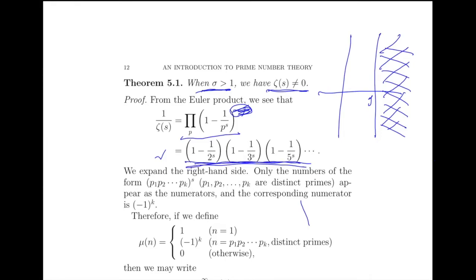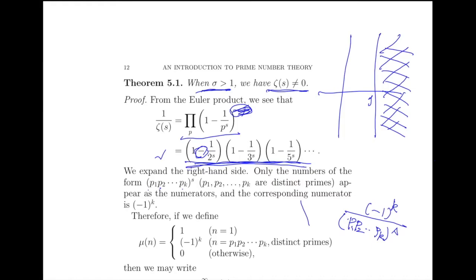In the denominators, only numbers of the form p1, p2, ..., pk to the s appear, where p1, ..., pk are distinct prime numbers. Each time there is a sign -1, so in the numerator there is (-1) to the k.